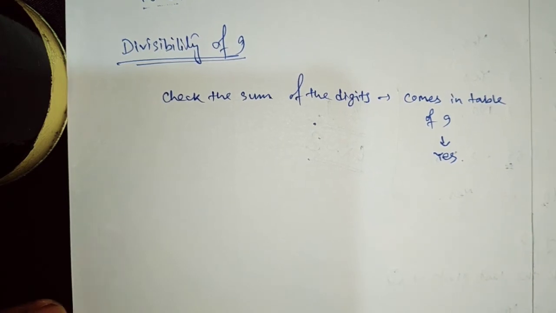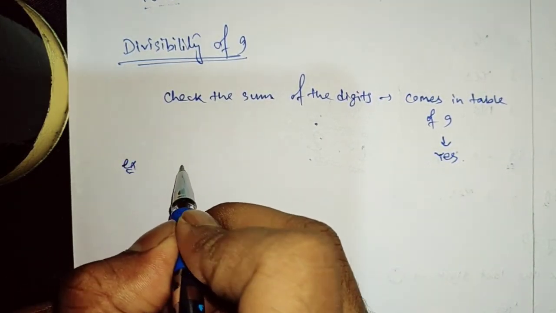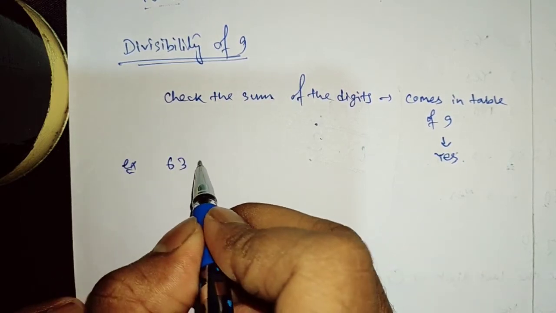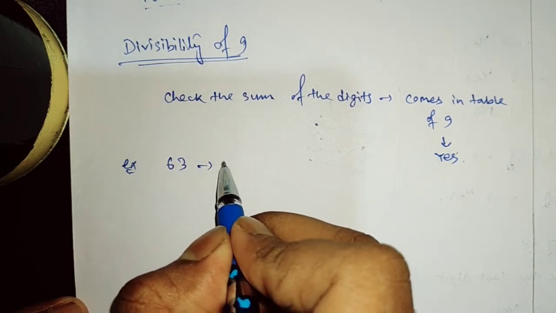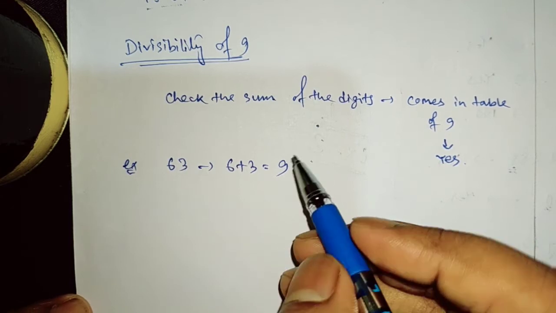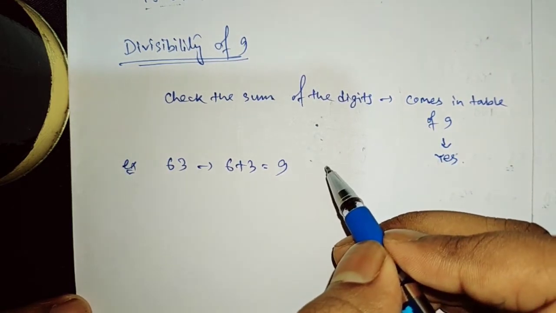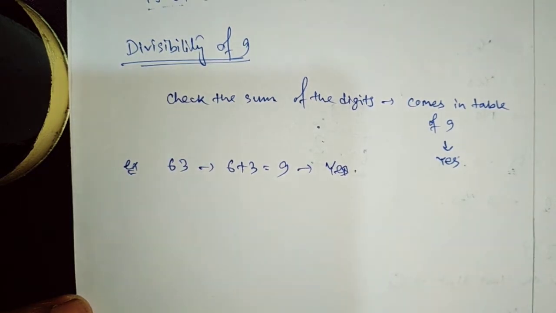Okay, so let us take an example. 63. What do we have to do? We have to do 6 plus 3, and 6 plus 3 is 9. 9 comes in the table of 9, that means yes.